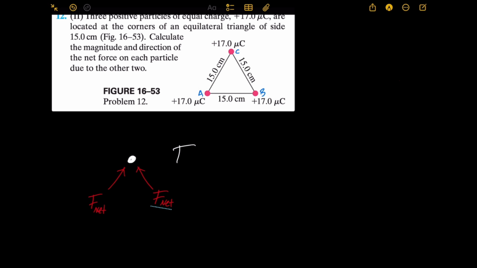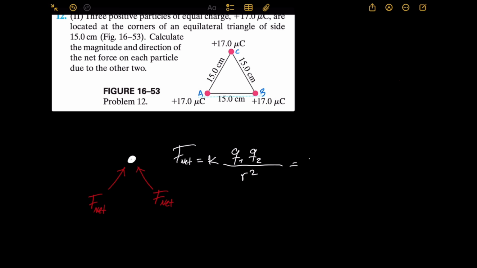So the net force is going to equal Coulomb's constant times the product of particle 1 and particle 2 charges, which could be C and B or A and C, whatever, they all have the same magnitude, over the distance squared.